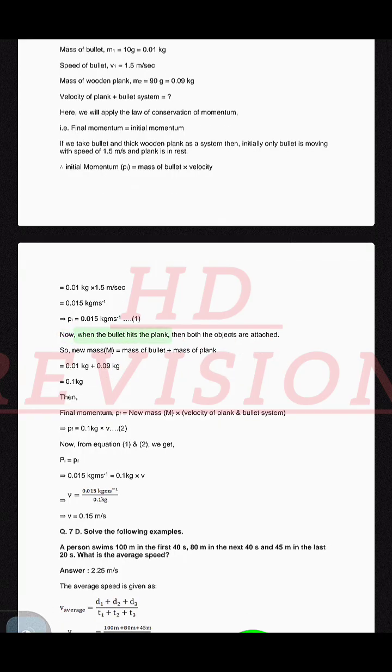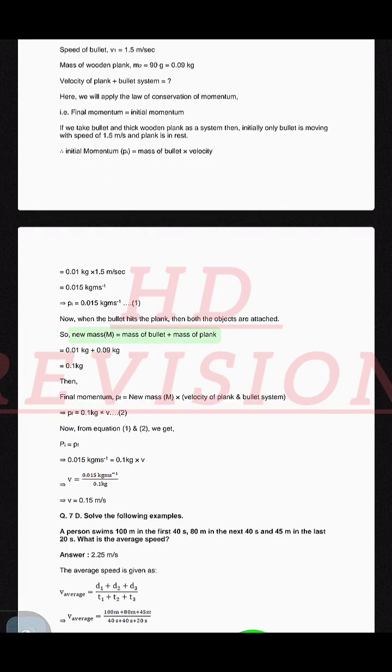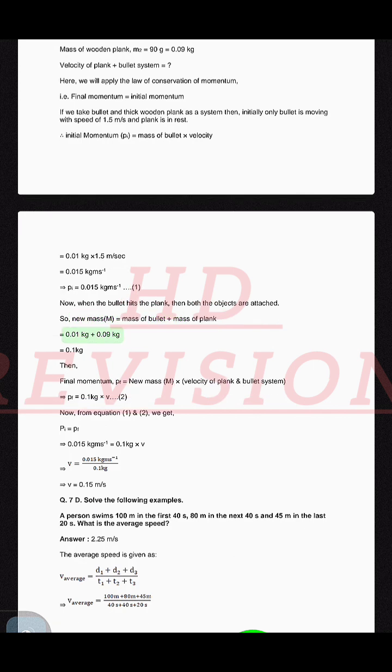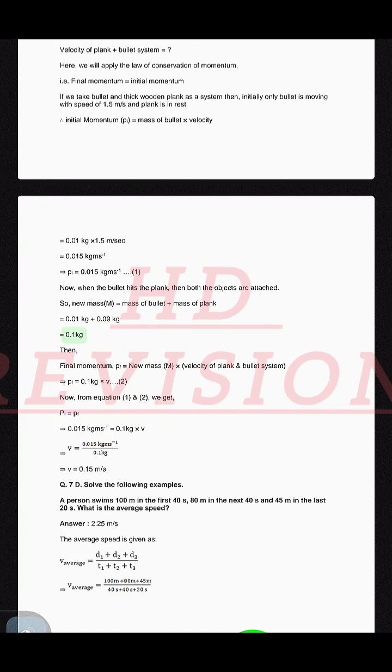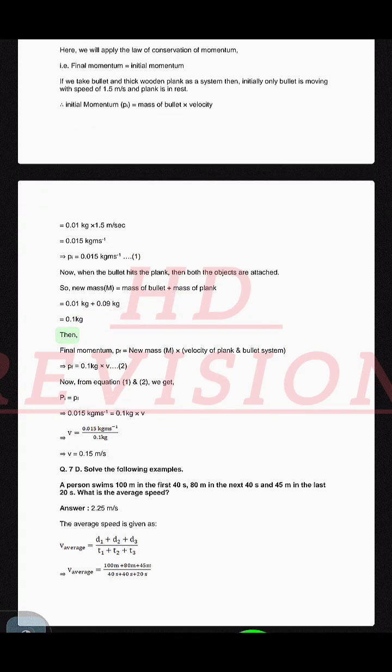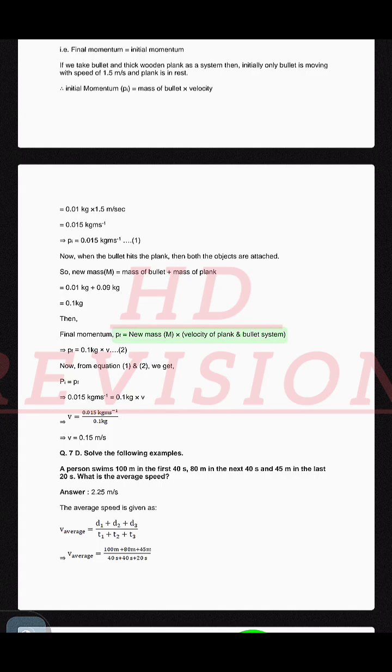Now, when the bullet hits the plank, both the objects are attached. So, new mass m equals mass of bullet plus mass of plank, 0.01 kilogram plus 0.09 kilograms, equals 0.1 kilogram. Then, final momentum Pf equals new mass m times velocity v of the plank and bullet system.